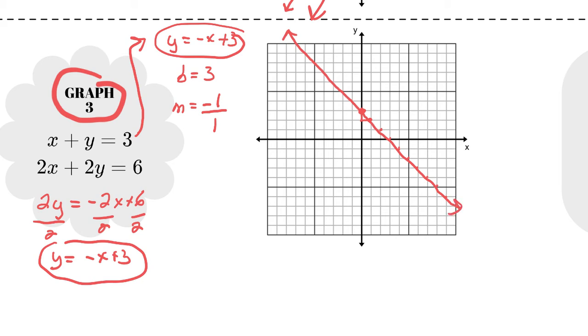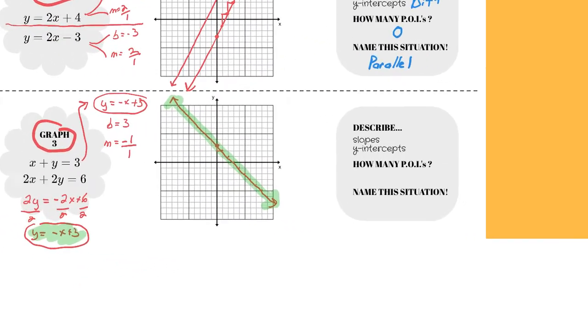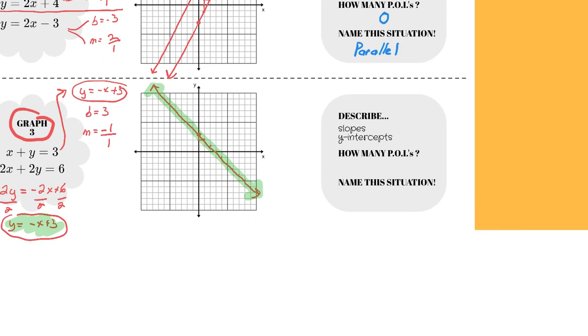And to illustrate the second line, I'm just going to choose a different color and go over top of it. So this is my second line. So I've now graphed both lines. So now when we go over to the describe box, the slopes are the same.